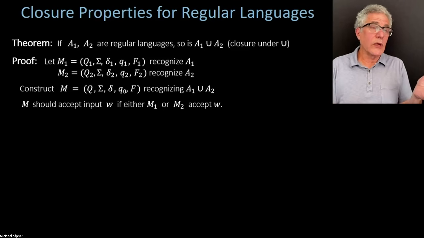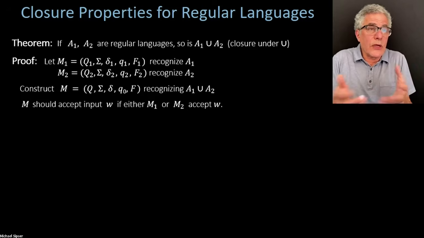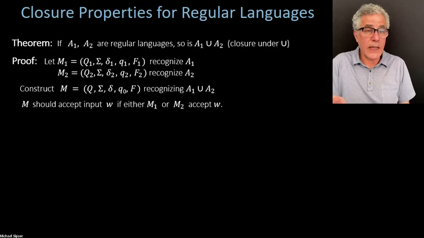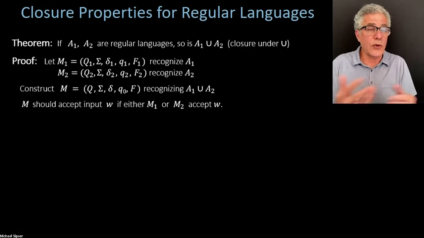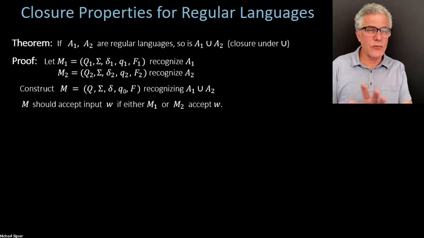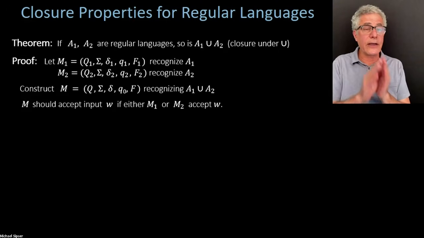And so, if you want to try to figure out how to do that, well, a natural thing is, you take W, you feed it into M1, and then you feed it into M2. And if M1 accepts it, great, then it's in the union. And if not, you try it out in M2 and see if M2 accepts it. Now, you have to be a little careful because you want to have a strategy that you can also implement in a finite automaton.